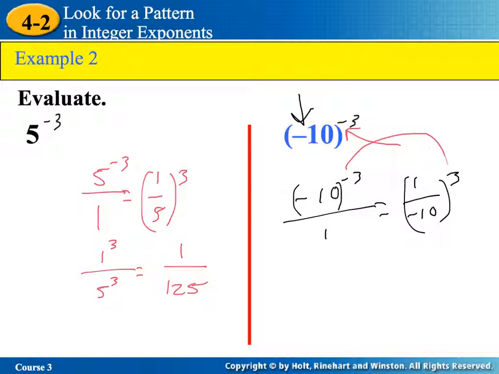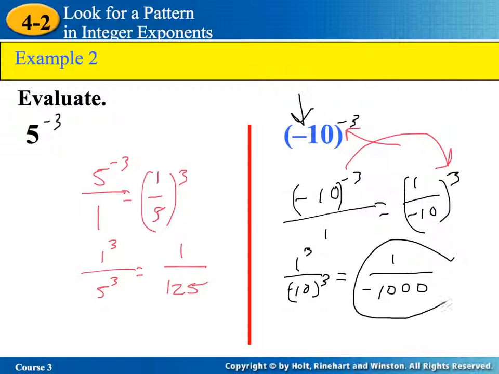Whenever we change that negative sign, it puts it as the reciprocal. So we take the reciprocal and the opposite exponent. So when I do that, I will get my answer of 1 to the third over negative 10 to the third, which is 1 over a negative 1,000. And I am done with my answer on that one.